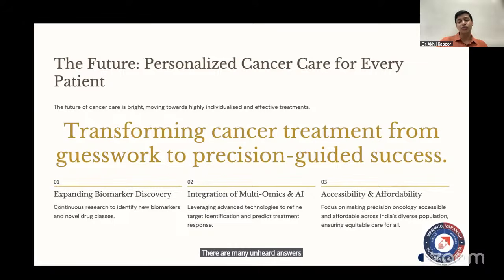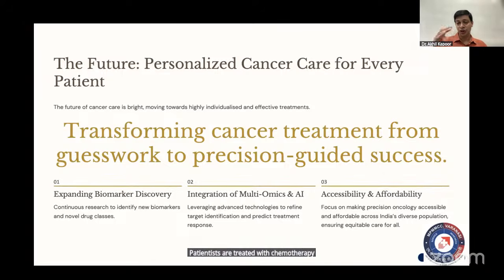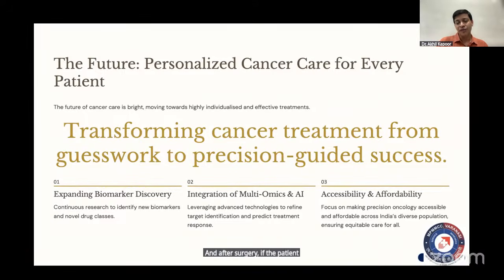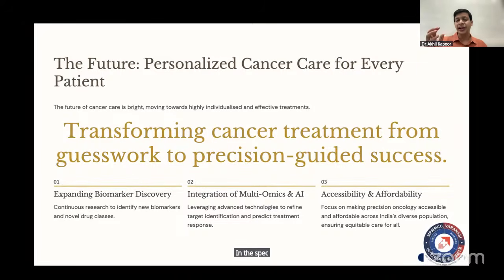For example, in triple negative breast cancer, patients are treated with chemotherapy and immunotherapy in the neoadjuvant setting. That means before surgery, chemotherapy and immunotherapy is administered as a part of routine care. And after surgery, if the patient does not have a complete pathological response, that means the surgical specimen after chemotherapy shows that there is still residual disease, the cancer is still present in the specimen, we need to intensify the treatment in multiple ways.